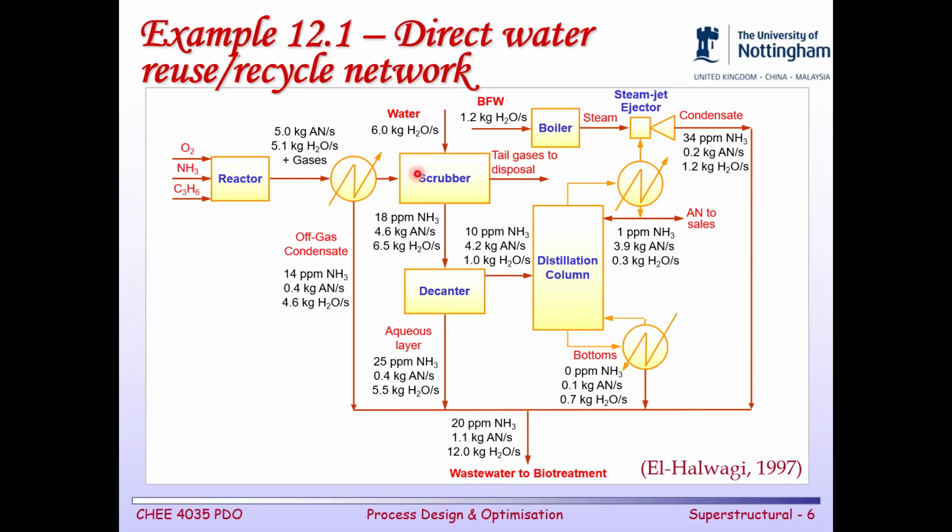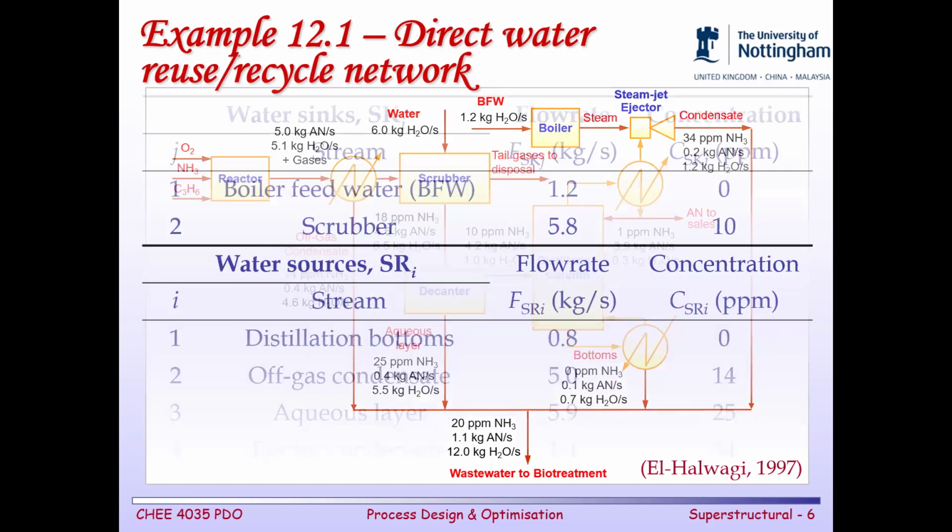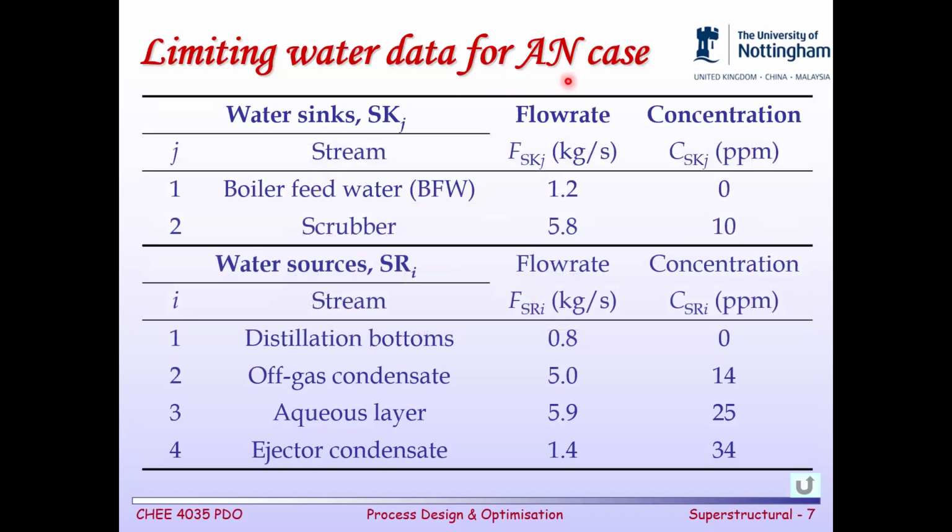Let's look at an example. This is the same example that we solved during our water targeting and design, if you will remember. It's the AN production, and this is our water sinks.